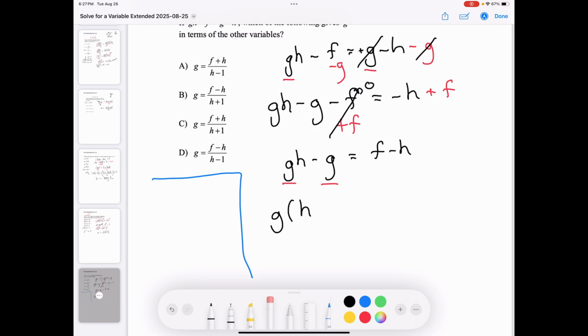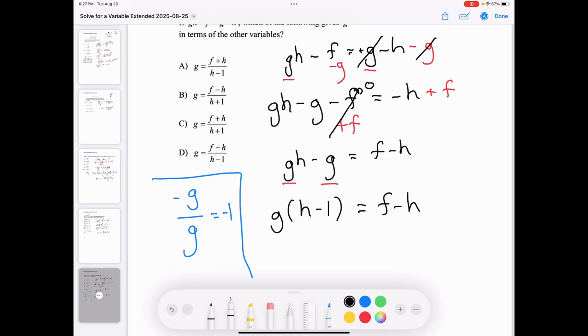Now let's go for the second term. We have negative G divided by G. If G divided by G is 1, negative G divided by G is just simply negative 1. So I'm just going to write negative 1. That's equal to F minus H.